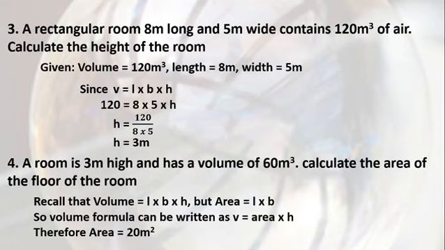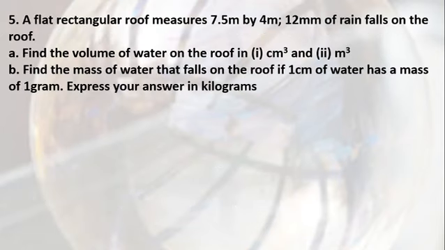Okay, question number 5 says a flat rectangular roof measures 7.5 meters by 4 meters. So the length is 7.5 meters, and the breadth is 4 meters. And then 12 millimeters of rain falls on the roof. Since it's a flat rectangular roof, it perhaps held the water in place.